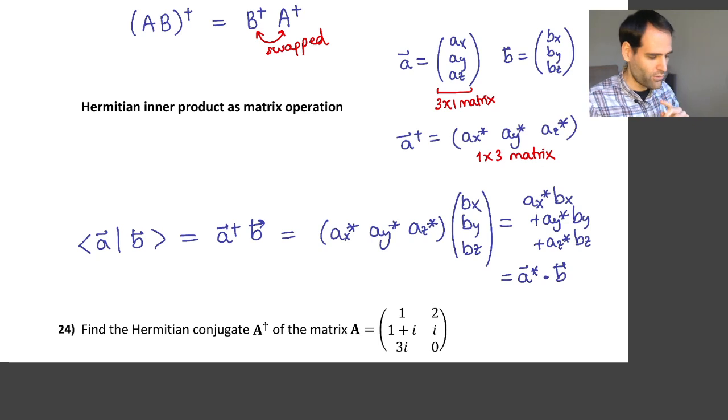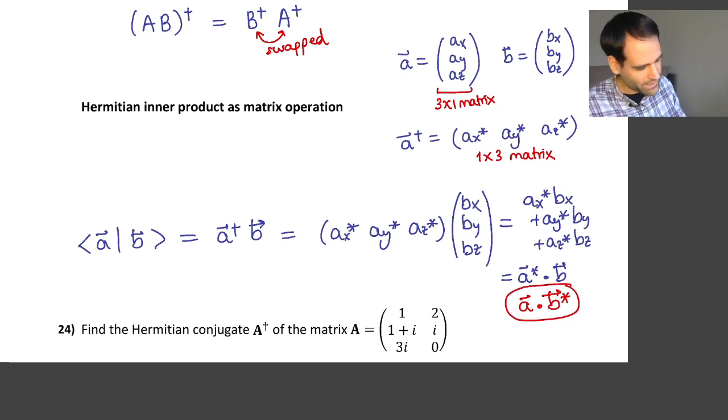Only one thing to remark here is that maybe you were thinking that the inner product was A dot B conjugate, where you conjugate the second vector, not the first one. Well, I did tell you that there were 2 conventions. The mathematicians usually use this convention here, but the physicists usually use this convention here, where you conjugate the first vector.